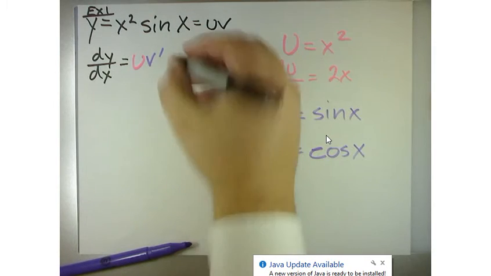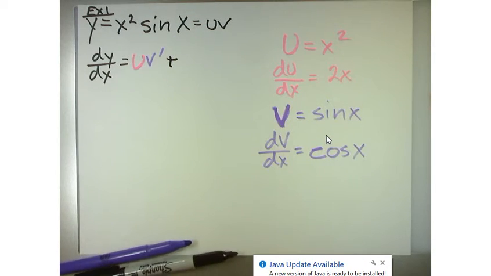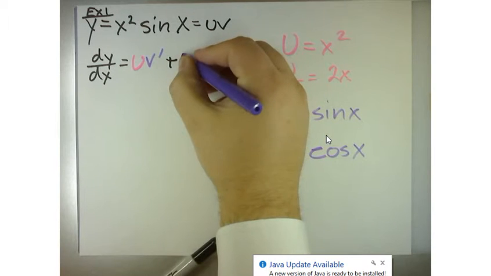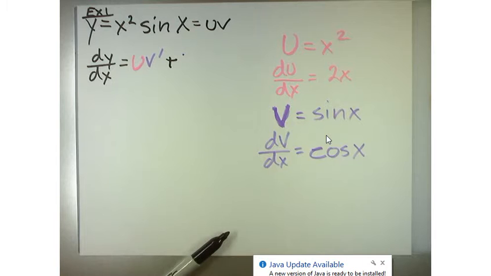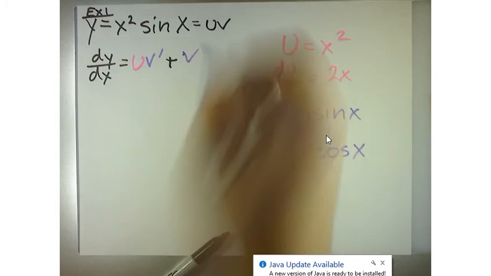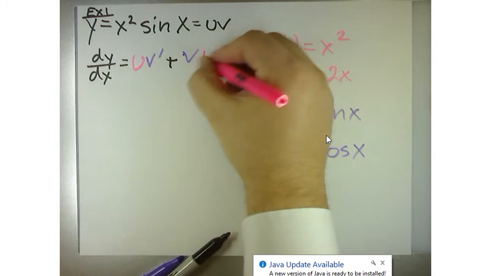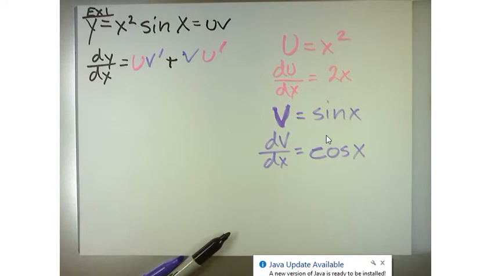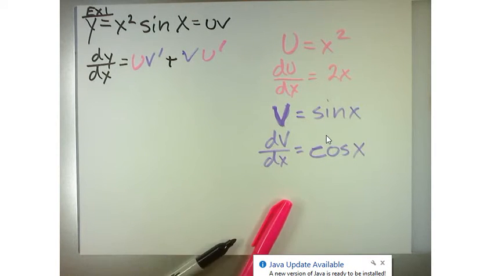Yep, you got it. Wait, isn't it over something? No, that's the division. So it's actually v u prime, right? And then the other one is the quotient rule, over v squared. All right, so now we just have to plug this in and we'll get our answer.